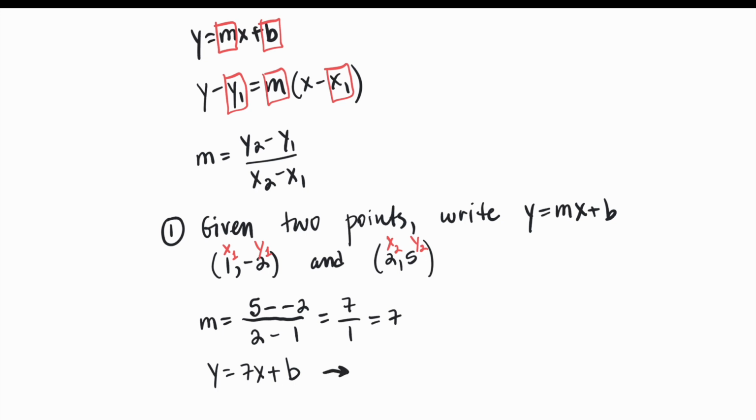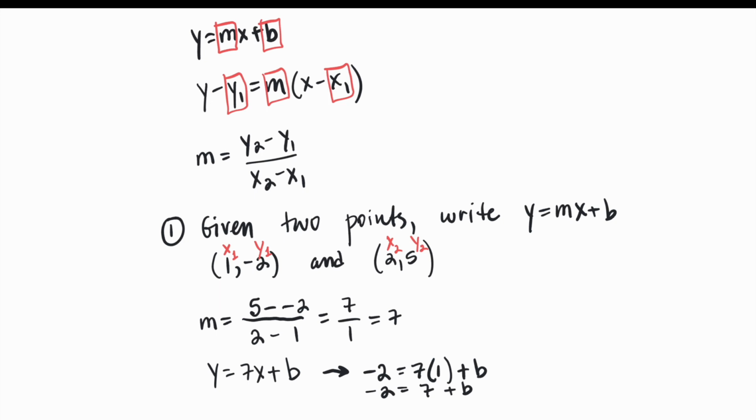So here is how this equation is going to look now. The y in the front temporarily turns into -2. The x turns into this 1. And then plus b in the back stays as is. So this is -2 equals 7 plus b.